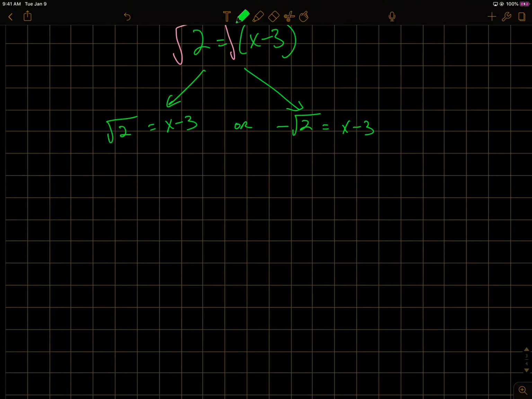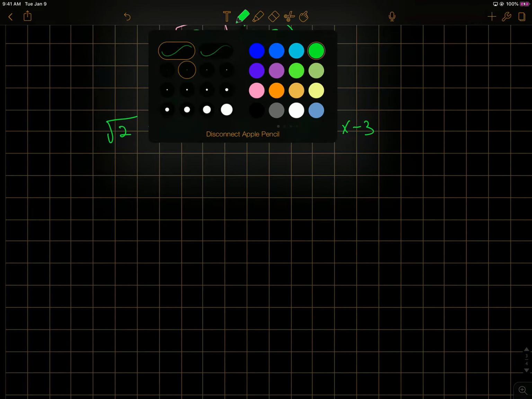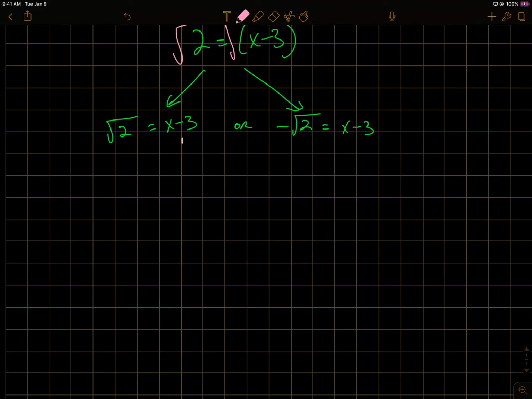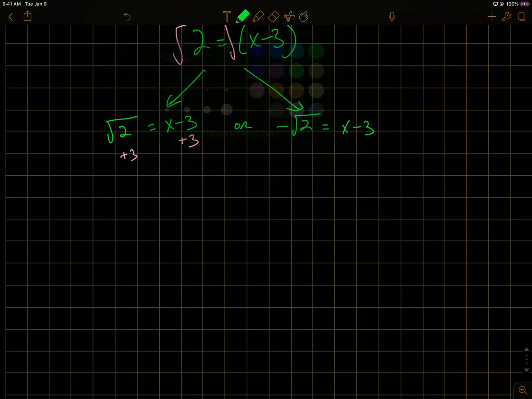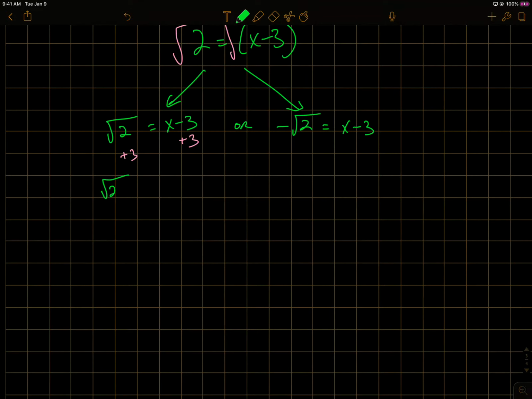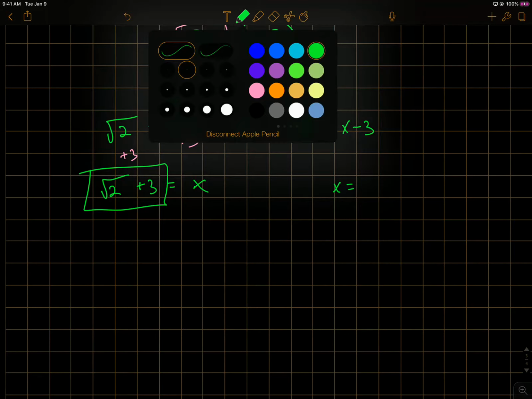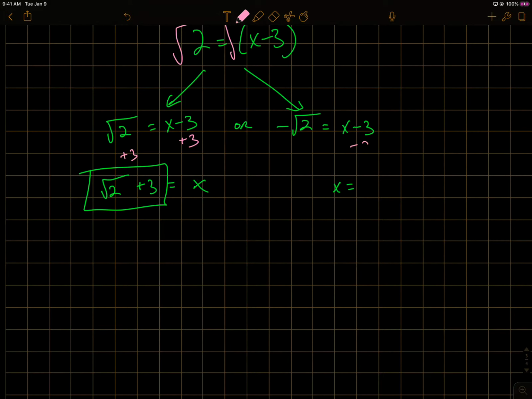So now if I add 3 to both sides to solve, I'll solve the left equation first. I get the square root of 2 plus 3 equals x. There's one of our x-intercepts. And the other one is x equals, if I add 3 to both sides, I'm going to get negative root 2 plus 3.